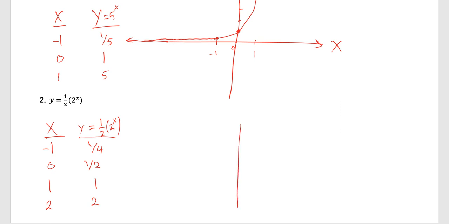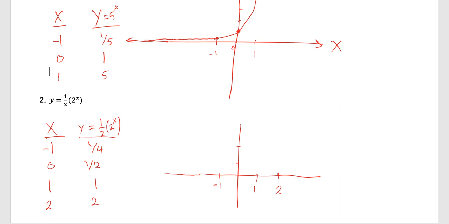And let's graph this. Right? So -1, +1, plus 2. At minus 1, we have a quarter for y, so it's a little bit up here, right?